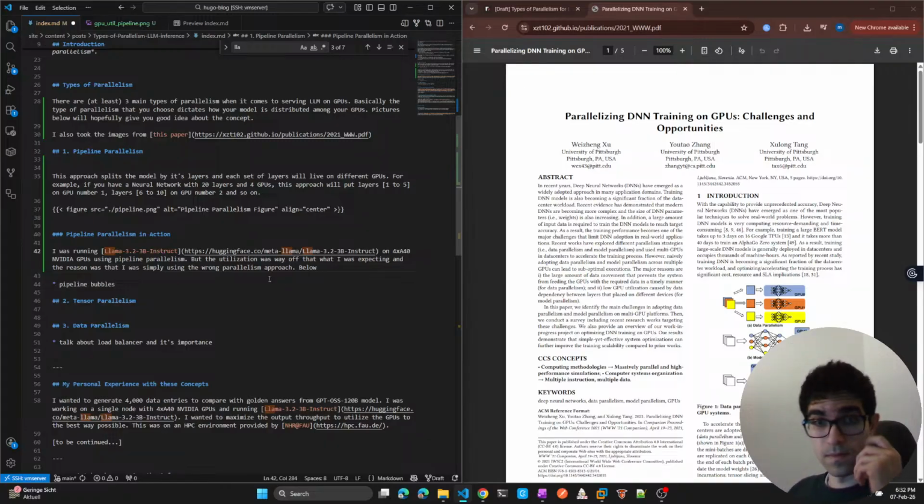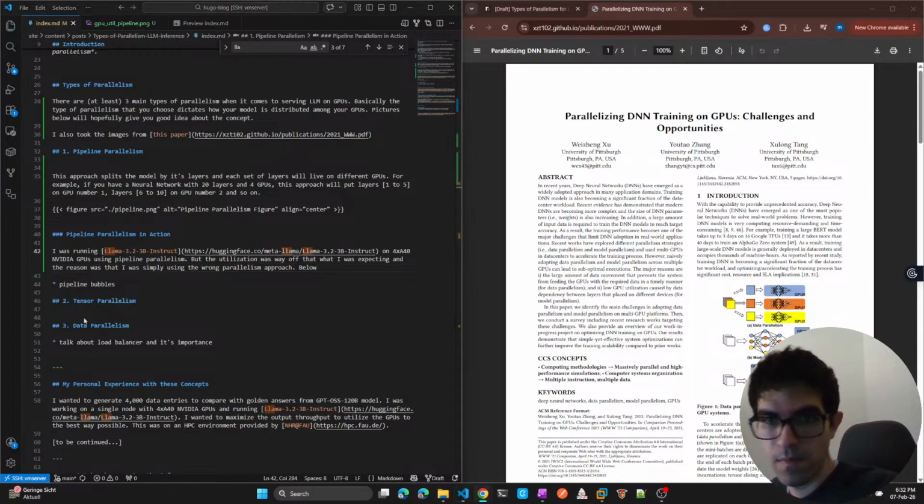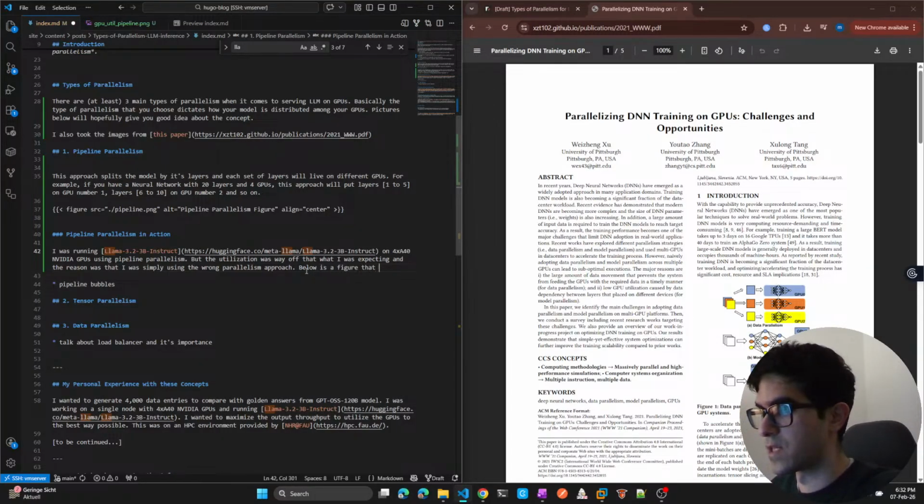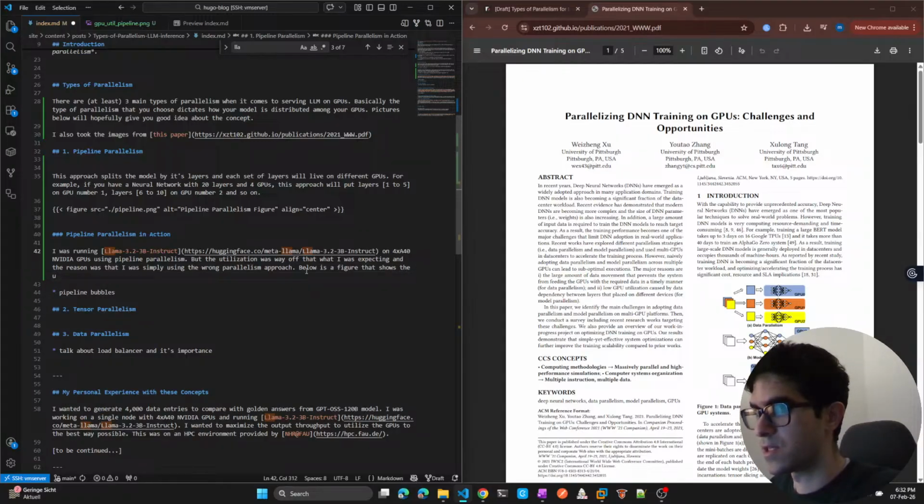Below is a figure that shows the utilization of the GPUs during the data generation.